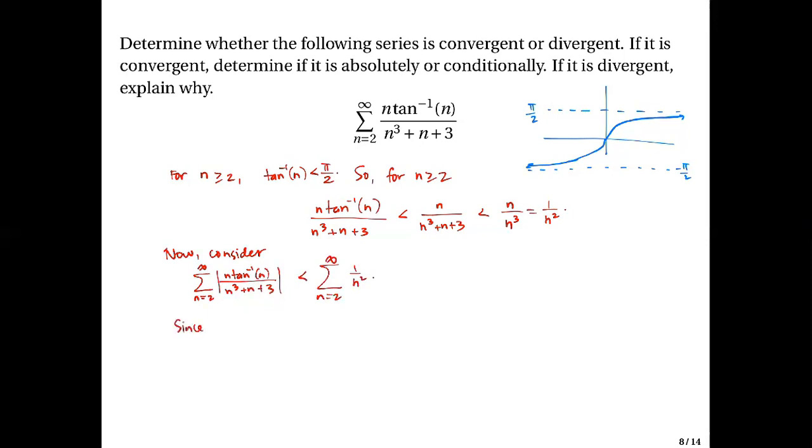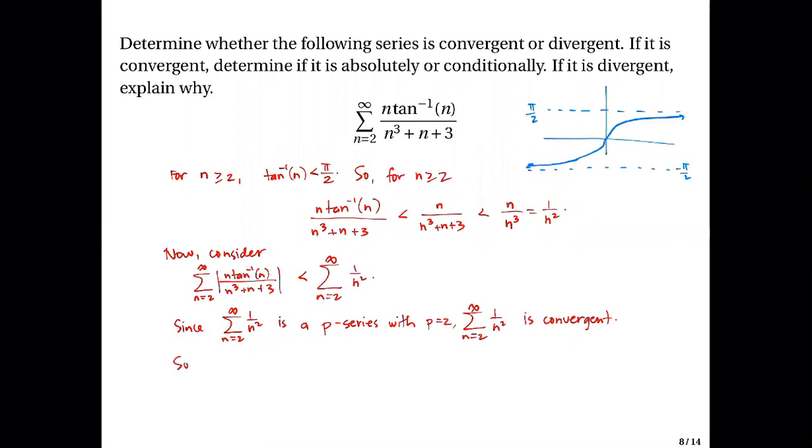Since the series 1 over n squared from 2 to plus infinity is a p-series with p equals 2, it is convergent. And therefore, this series is convergent.